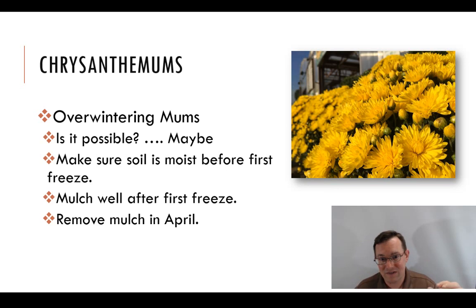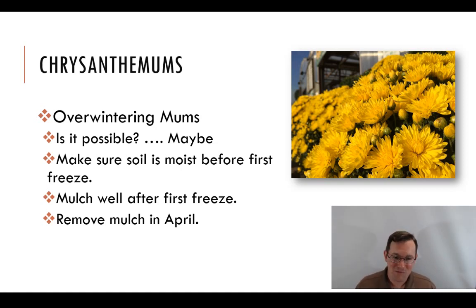Because what you're doing is, and you don't want to really pack it down, but you're just creating a little insulation barrier around it. And by using mulch or straw to help insulate it, it might make it through the winter.